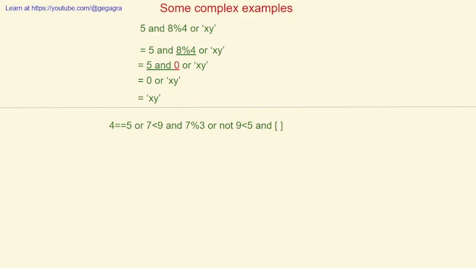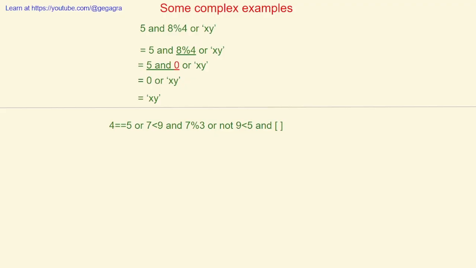Okay, and now this is a bit more complex than the previous one: 4 equal to 5, 7 less than 9, and 7 modulo 3 or not 9 less than 5 and empty string. So what shall we do?